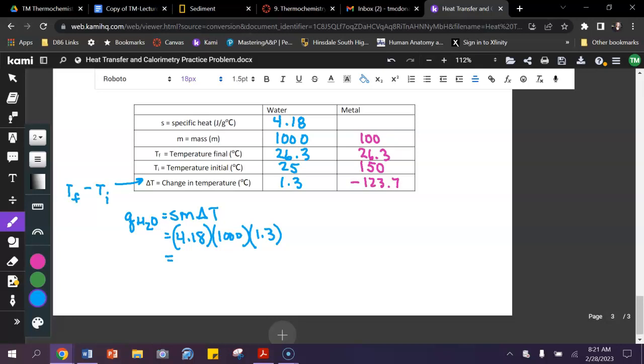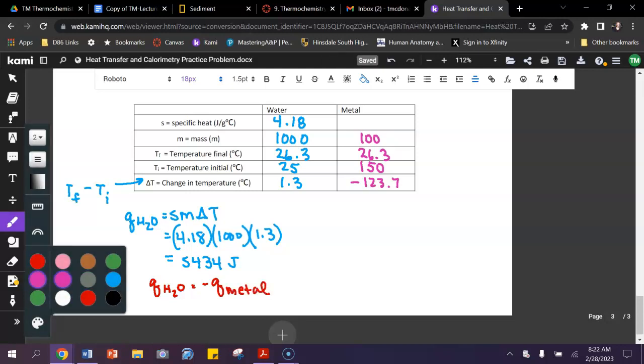And when I multiply that all together, my Q for water, or the heat that was gained by the water, is 5,434 joules.